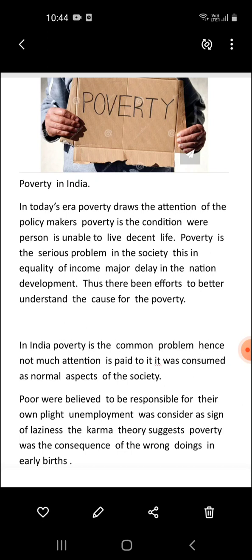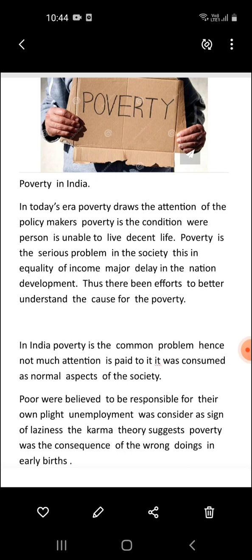If a person is living in poverty, it is not because he was unemployed or something. They believe that it is quite common, and the person himself believes that he lives in poverty because he has committed something wrong or a sin in his previous birth.